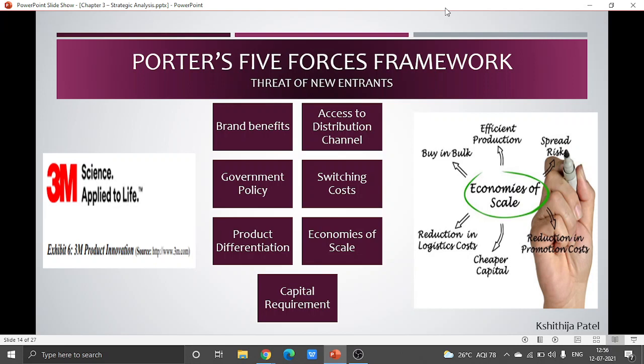So government policy may also act as an entry barrier. One example that we can speak of is the 5 by 20 rule by the government. It restricted Indian aviation companies from flying in international skies and made new companies lose the opportunity before the existing airlines in the aviation industry. So that example we can take.